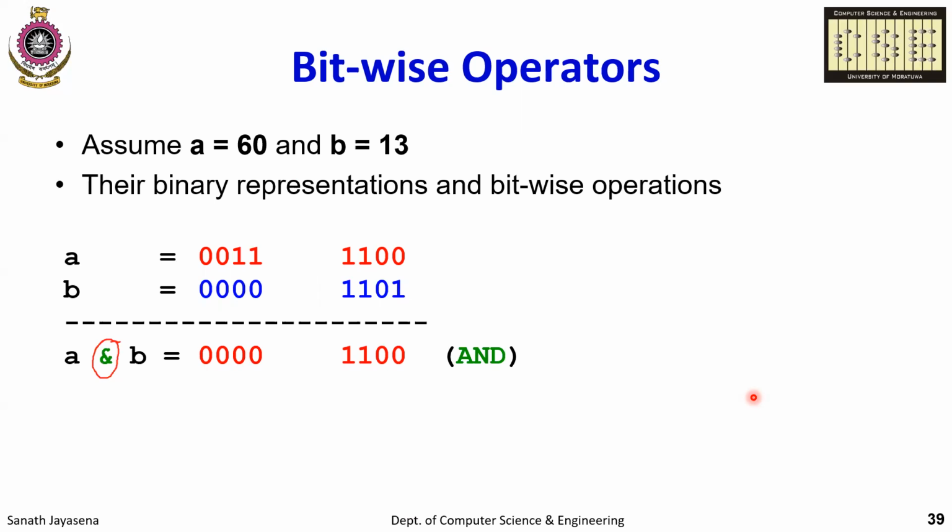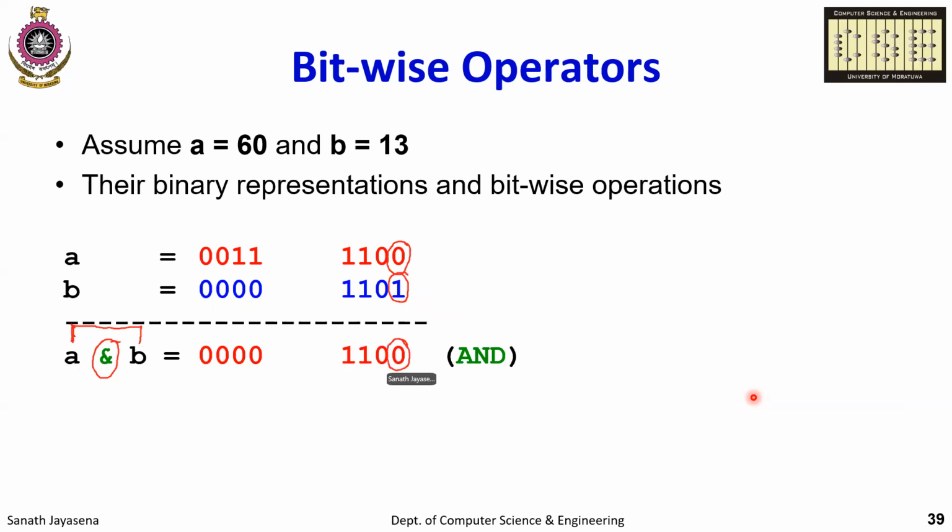It performs a bitwise operation between these two operands A and B. So how does this work? You go one by one, bitwise. For example, this 0 with this bit 1, you perform the AND operation, and the result is 0.